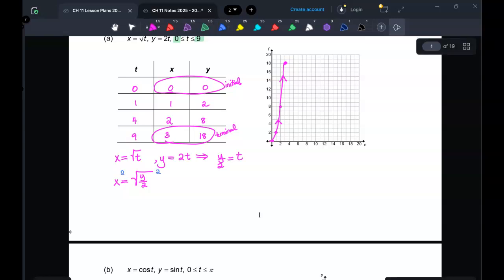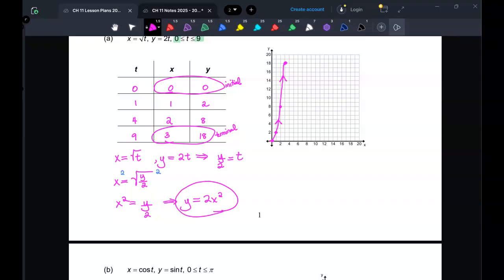Square both sides, so I get x squared equals y over 2. So y is equal to 2x squared. And we don't need to worry about the domain. This is basically saying this parametric equation models the parabola y equals 2x squared. But again, the parametric has a beginning and an ending point.